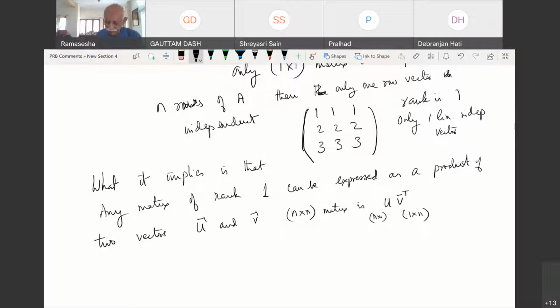So any matrix A, if it is written as U V bar transpose, then A is a matrix of rank 1.